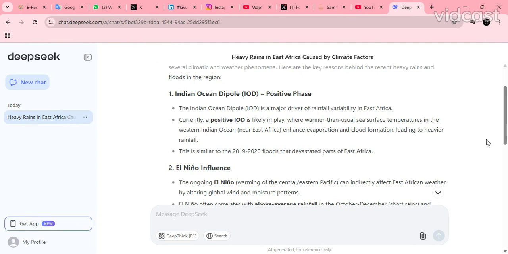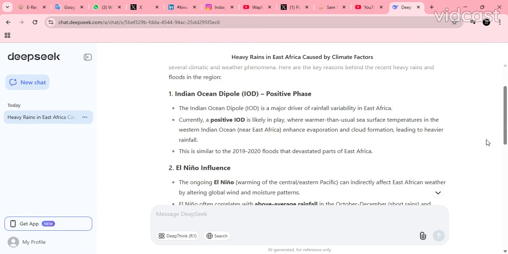It started recently in Kinshasa, the capital of DRC. Before that, it was in Kampala, Uganda. Nowadays, it's been raining very much in Kigali, Rwanda. So let us look at some climatic factors that have caused these heavy rains.